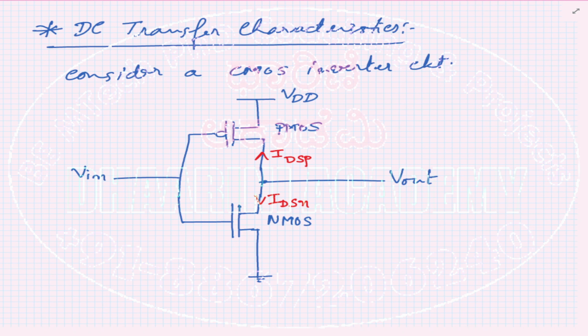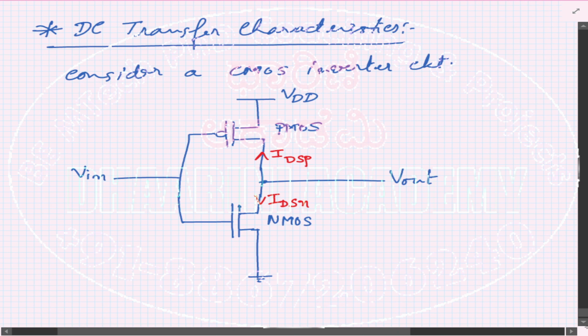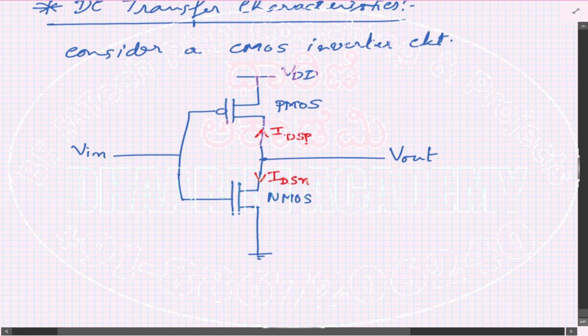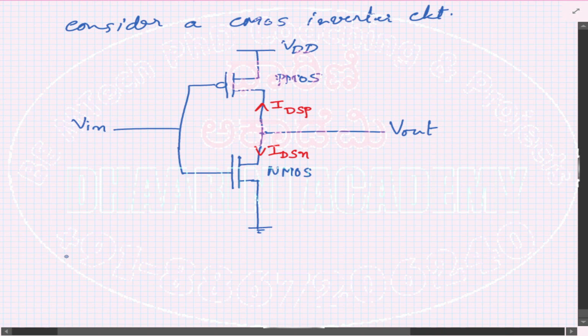Now, when we say we want to look at the DC transfer characteristics, what exactly are you looking for? You are trying to relate the output voltage to the input voltage, right?